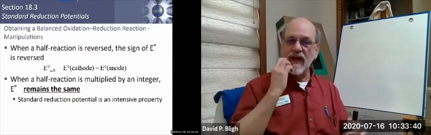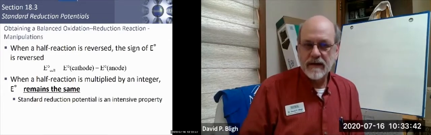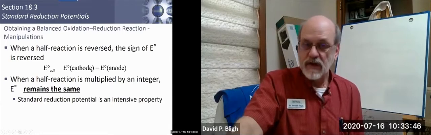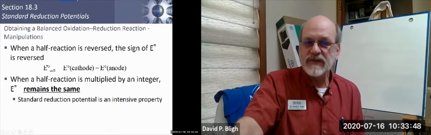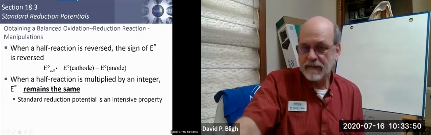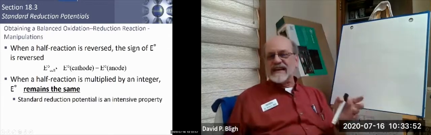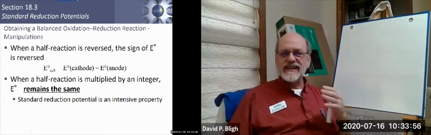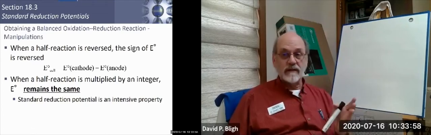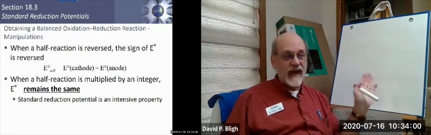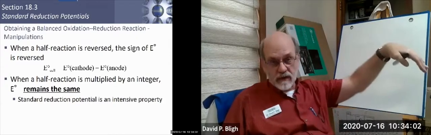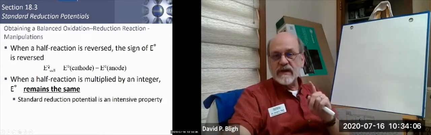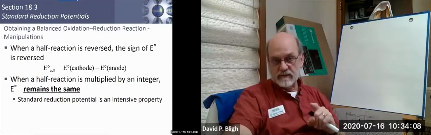Then if you combine those numbers, you get a standard potential for the cell. All right, so here's the key. If the reaction is going to proceed as written, with the electrons flowing from the anode to the cathode, the standard potential must be a positive number.